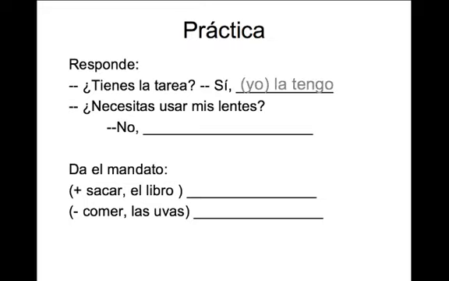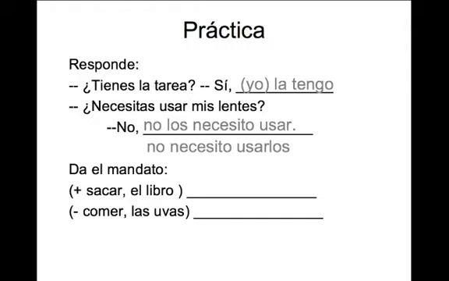¿Tienes la tarea? Sí, la tengo. You could say yo la tengo, but you don't need the yo. ¿Necesitas usar mis lentes? No, no los necesito usar. Or, because there are two different ways you can do it when there are two verbs, necesito and usar, you could say no necesito usarlos.